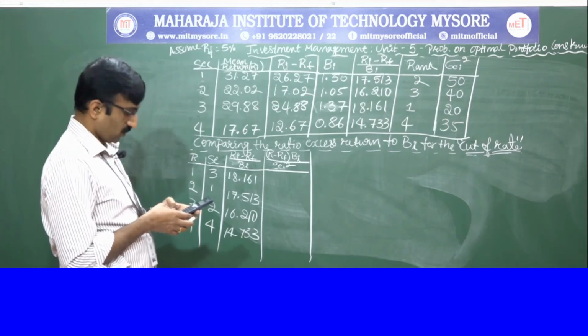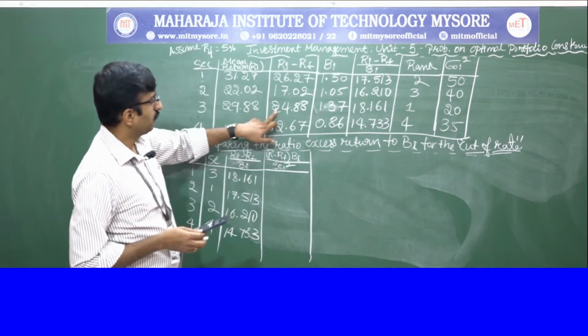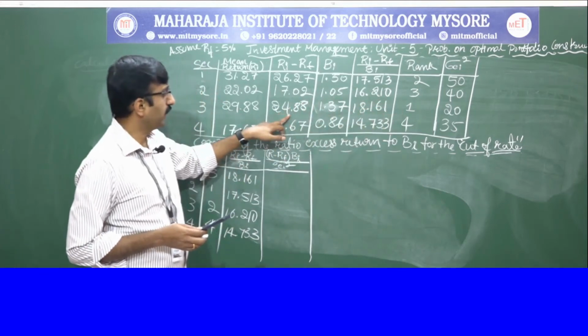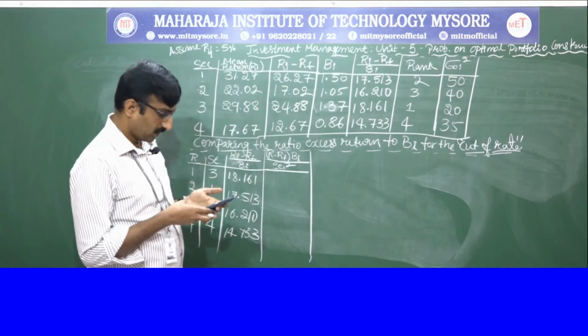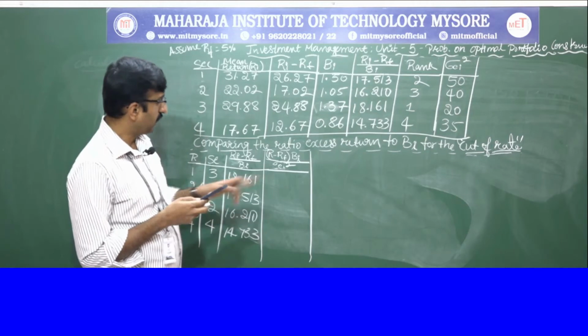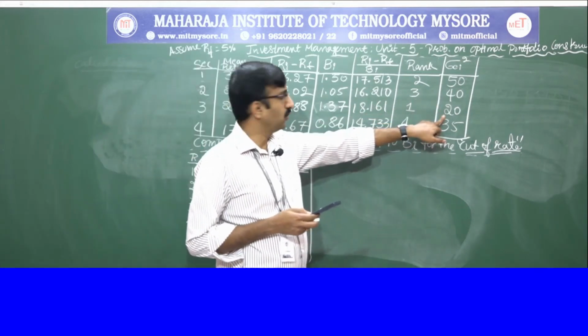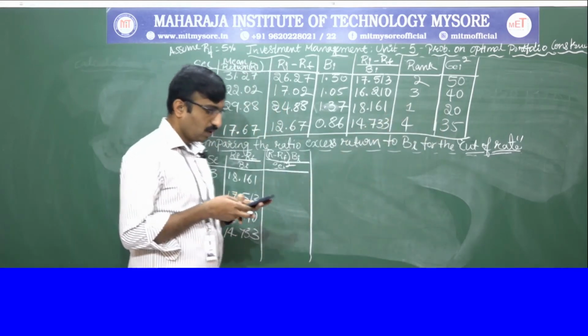If you take the first one, Ri minus Rf is 24.88 into 1.37. Okay, so you will get 34.0856, divided by standard deviation Ei square, which is 20. Divided by 20, how much will you get?